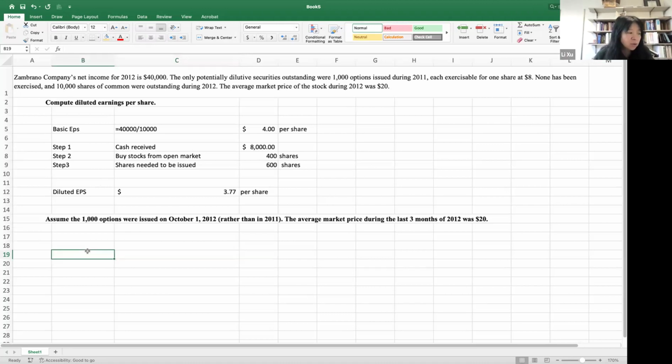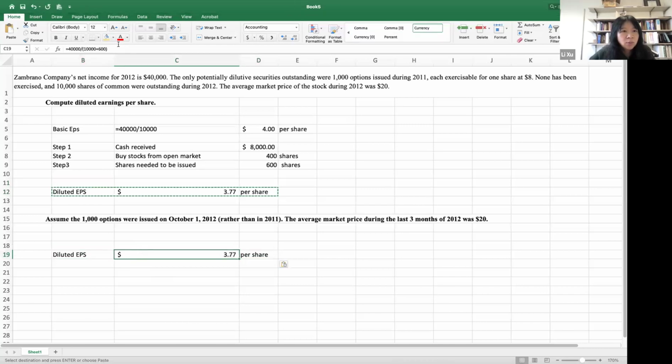The adjustment we need to make is just on the shares needed to be issued, the number from step three. So the diluted earnings per share is still 40,000 net income divided by 10,000 common stock plus 600, but here we adjust for a partial year.